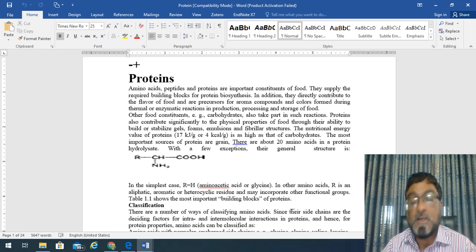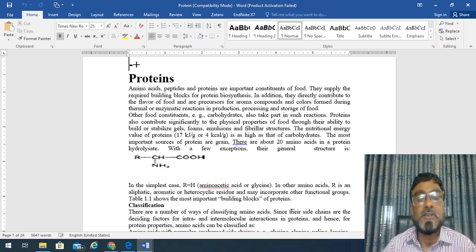Today we will be starting with the proteins and the amino acids. The amino acids are the building blocks for the proteins, and there are numerous amino acids. You know that proteins on average provide 4 kilocalories of energy per gram.